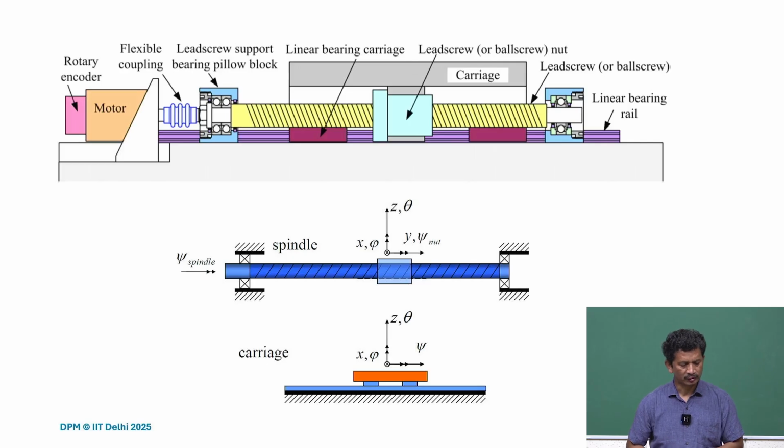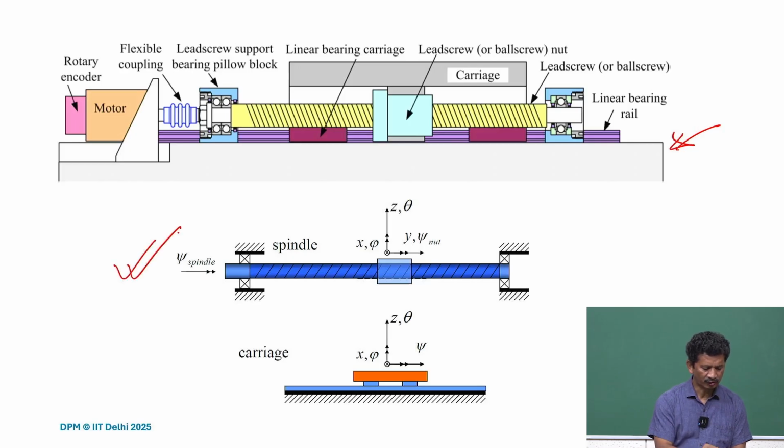So this is the construction we just discussed, and from a kinematics point of view, if you just try to look at it, this is the rotation you give to the ball screw, call it a spindle here.